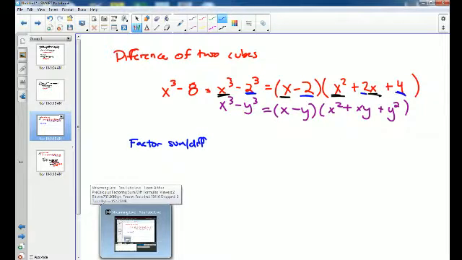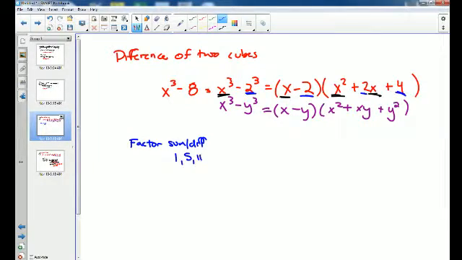Okay, 2 worksheets. There's no spiraling today. There's a factoring sum and difference worksheet: 1, 5, 11, and 13. And then there's a factoring all techniques worksheet.